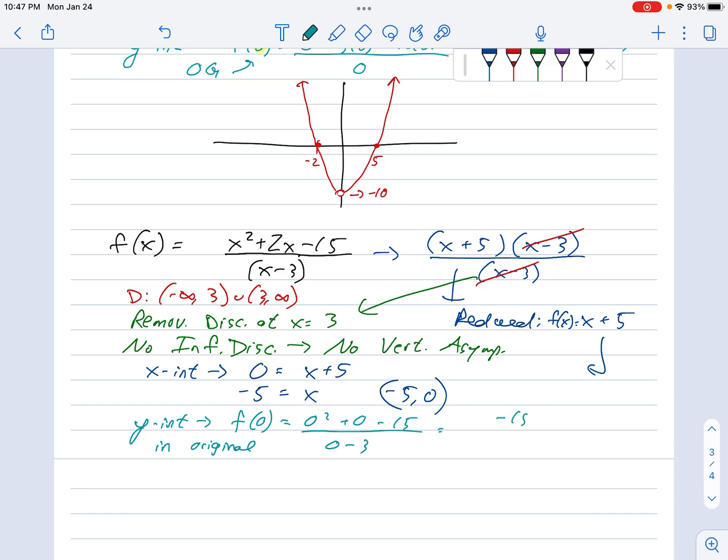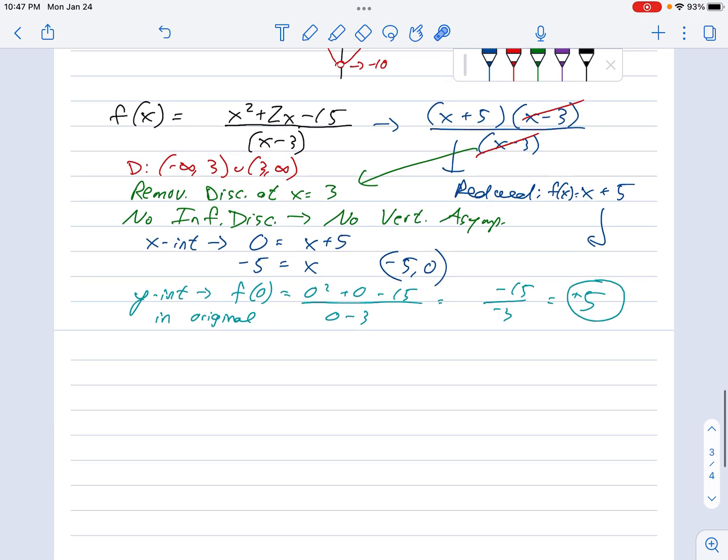And I'm getting negative 15 over negative 3, and I'm getting positive 5. It just so happens it is this number, right? But this is like mx plus b. So if my y-intercept is a positive 5, and then my x-intercept is a negative 5, it's the slope of 1.